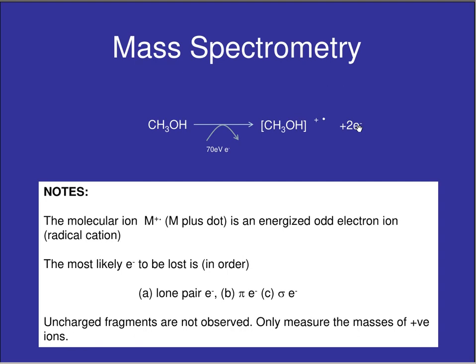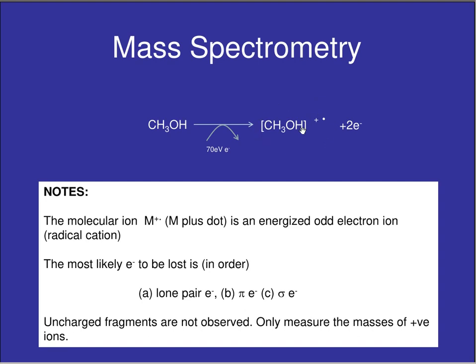But of course in your methanol you've only got pairs of electrons. It kicks off a single electron, which means that you end up with an unpaired electron, and so what you end up with is called a radical cation.